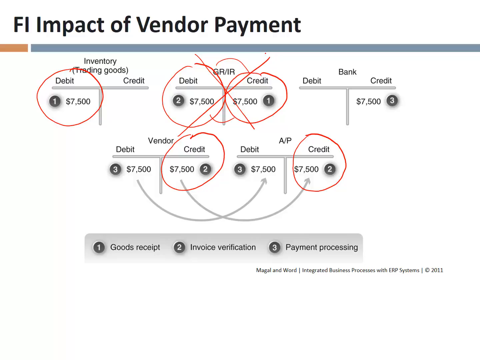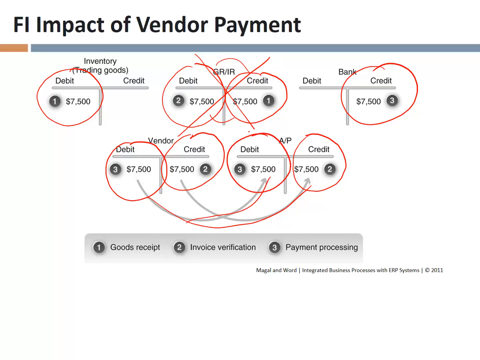We run our payment processing program, and it says, yeah, you can go ahead and pay. Well, what do we do? We credit our bank account because we are now parting with money, and the corresponding debit goes against the vendor that we are paying, which also results in an automatic posting to accounts payable reconciliation.